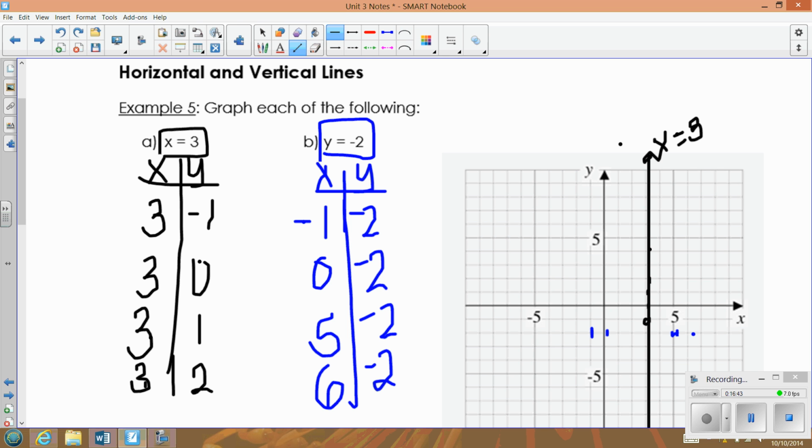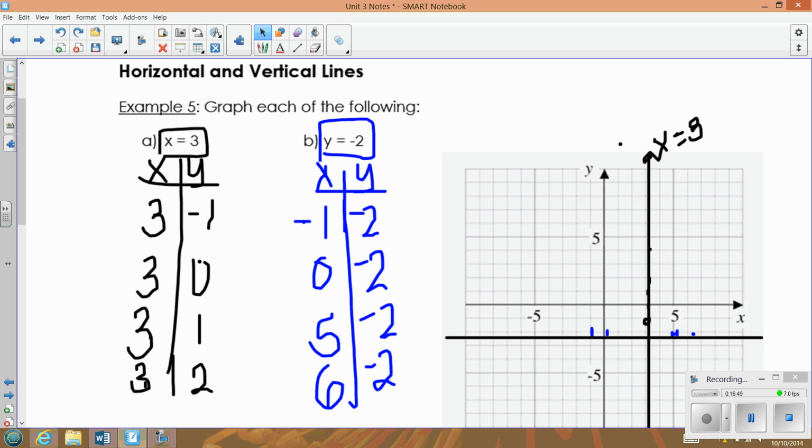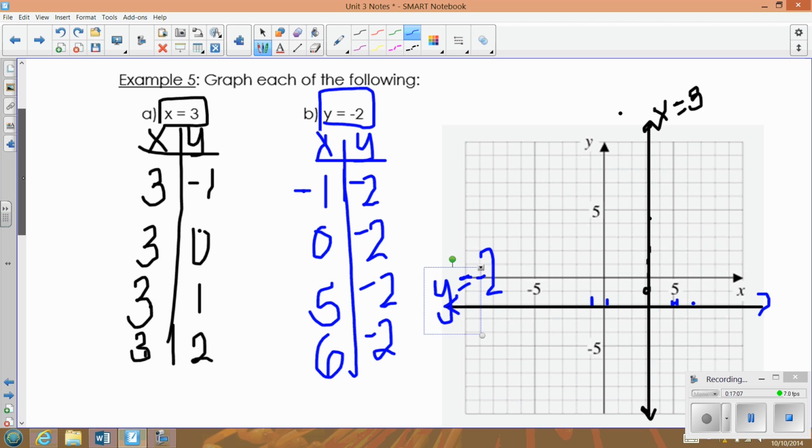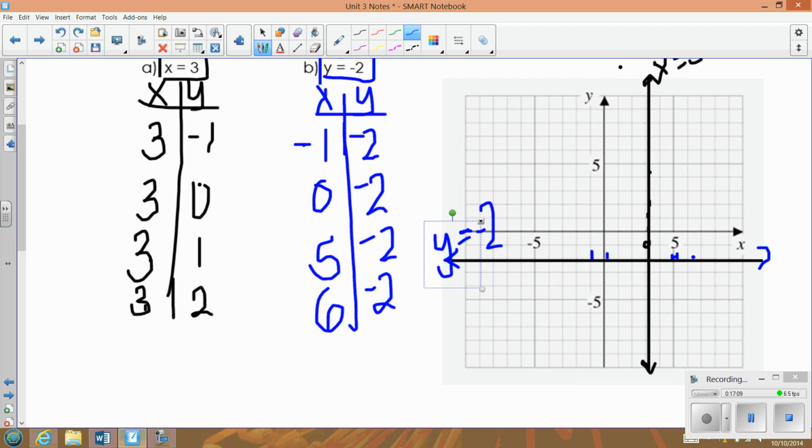So we get a horizontal line going through y equaling -2. So for this one, your equation is y equals -2. So the y values are staying at -2, and x can change and be whatever it wants to be.